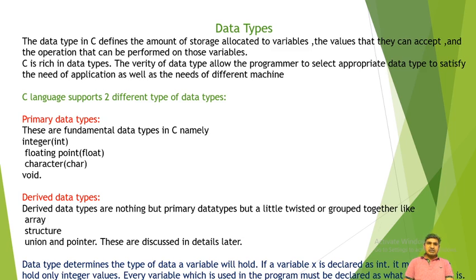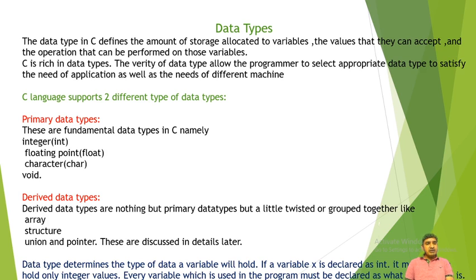The float also has double floats. We can use double floats, and simply floats, and there are different sizes. The data type refers to the amount of storage allocated to the variable. Next is character, then void.